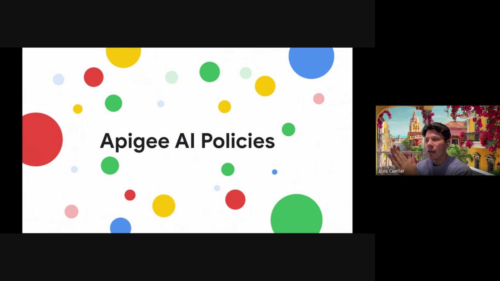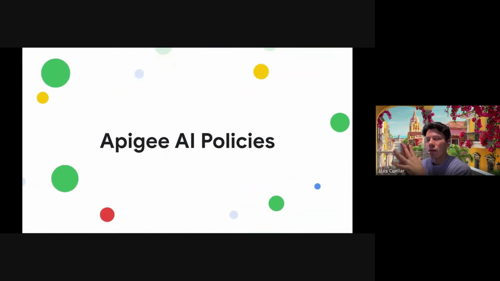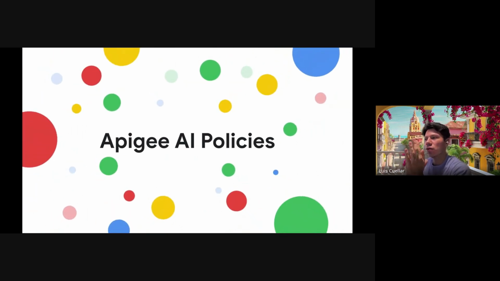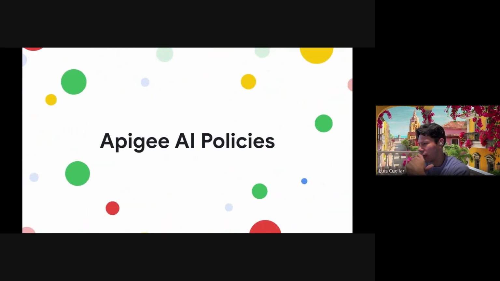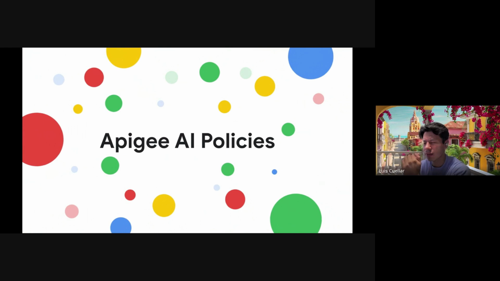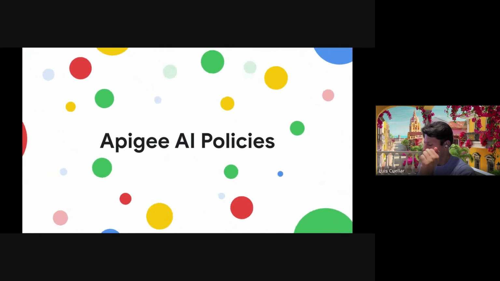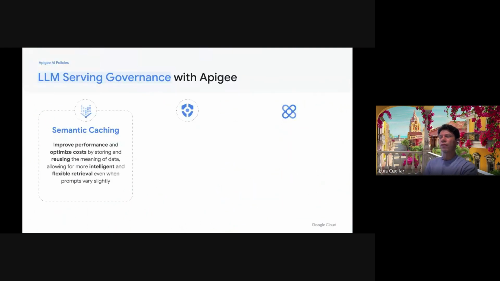So that was the statement that I wanted to make in order to present what we are going to see. Now, I want to show you the fancy new AI policies that we just launched in preview, actually more than one month ago. The policies you have already heard about are semantic caching, where we cache the prompts and also the responses.